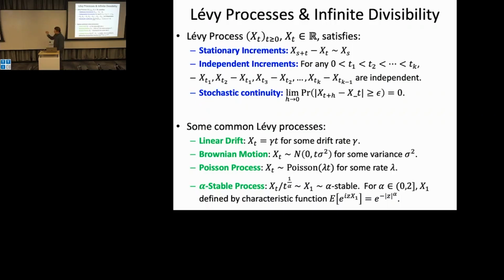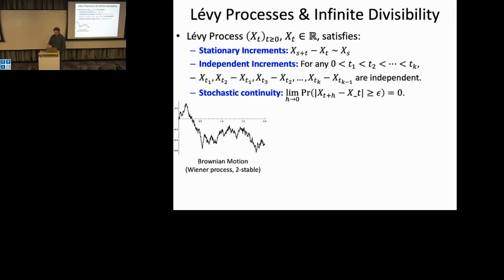And then there are some more exotic things called alpha stable processes, and I'm not going to get into that just yet. You can have visualizations of what's going on here. With Brownian motion, no matter how much you zoom in on this process, it's self-similar. The picture will look identical at any zoom factor.